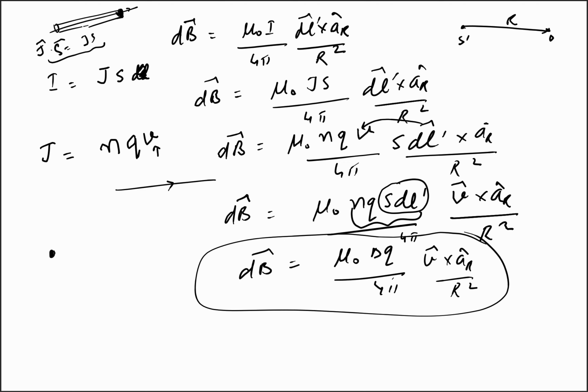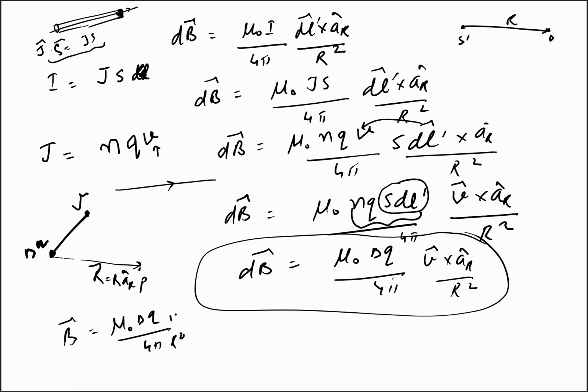If this is the total charge delta q, which is moving with velocity v, and we want to find the magnetic field at this point P, which is at distance r, then we can directly find the field B as simply mu naught delta q over 4 pi r square, v cross ar.